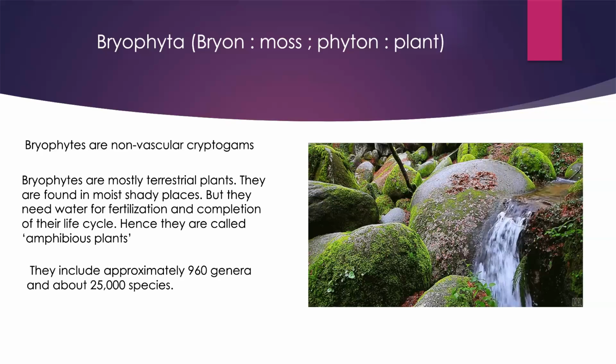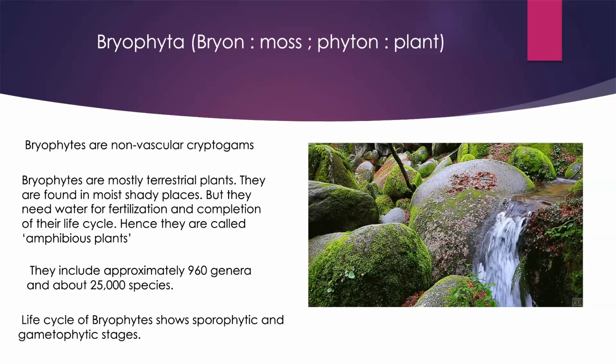This group includes about 960 genera and around 25,000 species. The life cycle of bryophytes shows sporophytic and gametophytic stages. Actually, these stages are found in lower plants. Now we see what the sporophytic and gametophytic stages are.